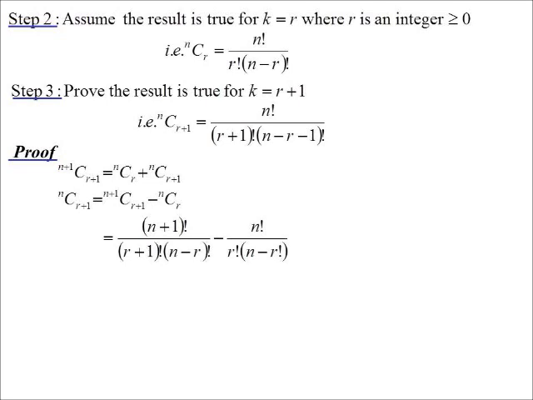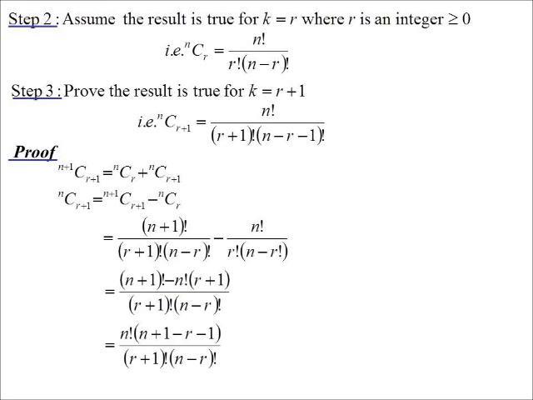Now let's play around with that. Common denominator: well, r plus 1 factorial would be the biggest, and n minus r factorial is common in both. But r factorial, I must have multiplied by r plus 1. So when I do the subtraction, the n factorial is times r plus 1. Now on the top of the fraction, I've got n plus 1 factorial and n factorial, which have a common factor of n factorial.